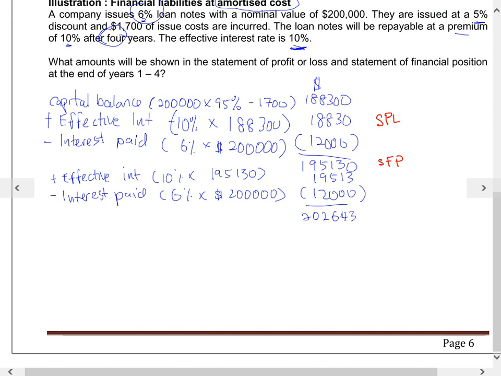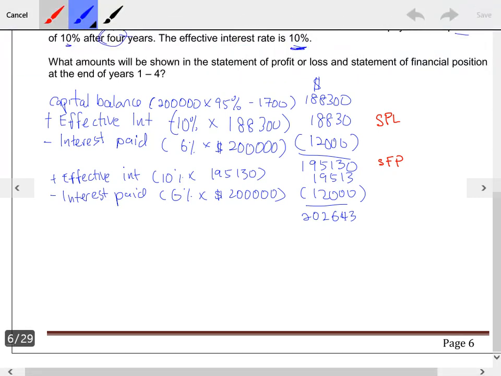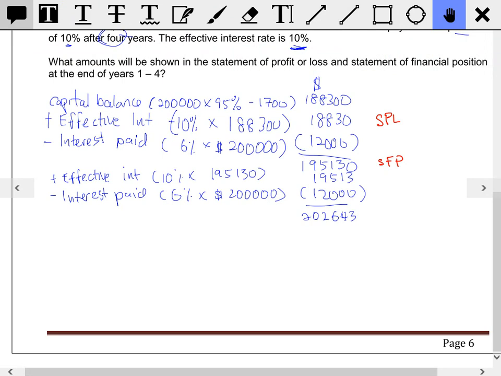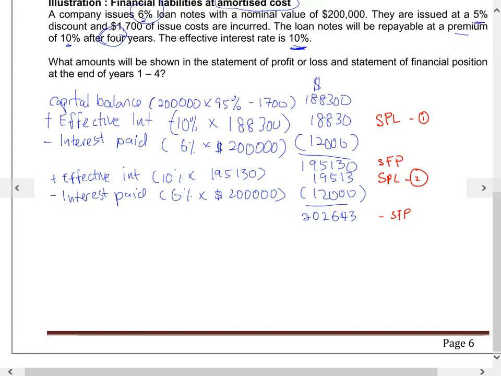Should be 21091, right? 220. Okay. Year 3, we plus effective, same thing, this is the amount that goes to SPL. Year 3 SPL. And this amount will go to SFP in year 3.